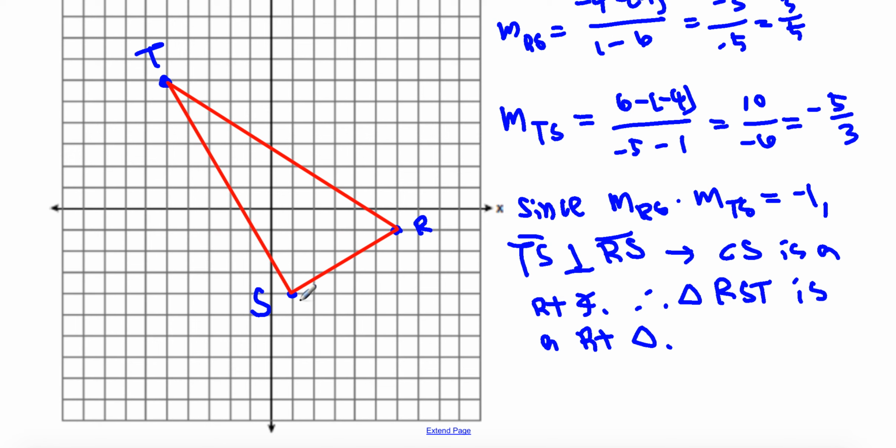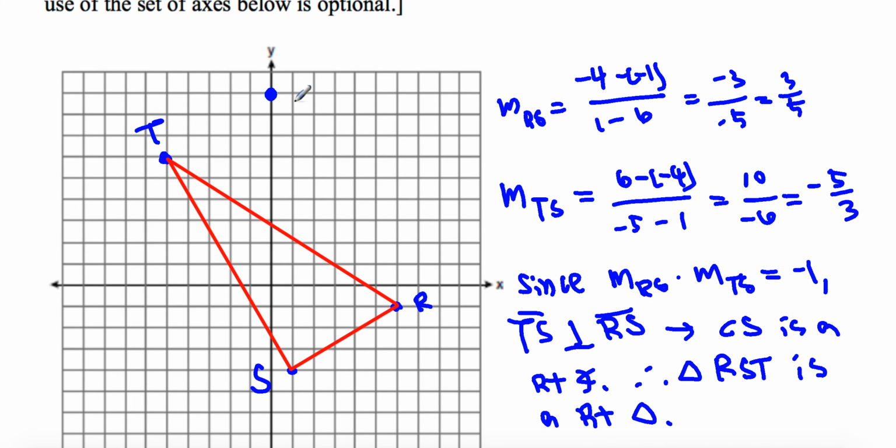So whatever happened from R and S has to happen to T and P as well. From S to R, I moved 1, 2, 3, 4, 5 and went up by 3. So I'm going to go 1, 2, 3, 4, 5, and up by 3. So that must be point P.